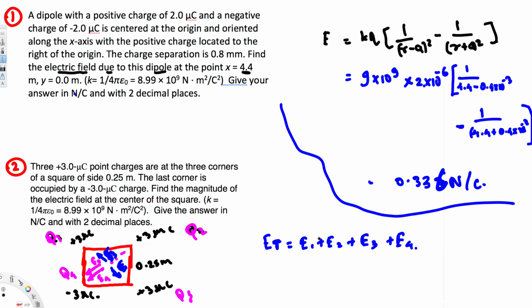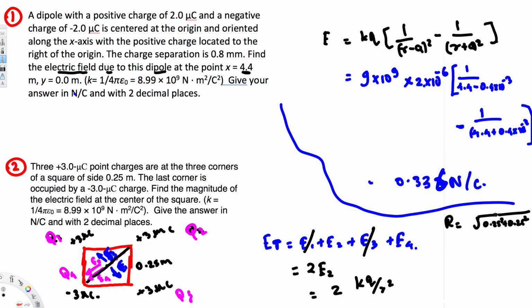And since they are asking for the magnitude of the electric field at the center of the square, if this is the point, we know that each side is 0.25 meter. So if I use the Pythagorean theorem, I can find the diagonal of this square. That's going to give us R equal to the square root of 0.25 square plus 0.25 square.